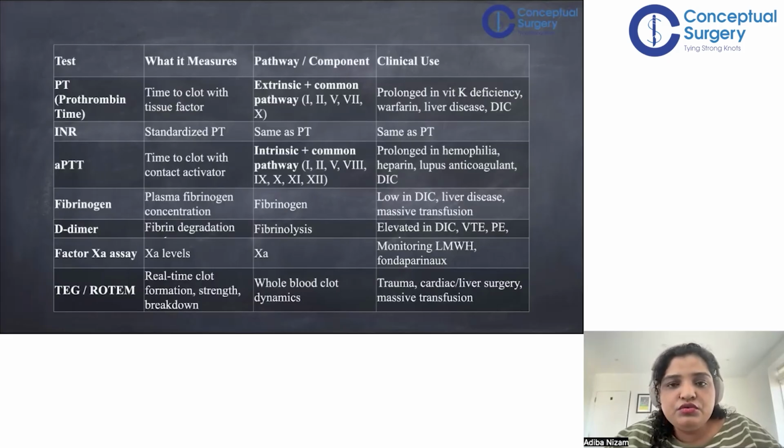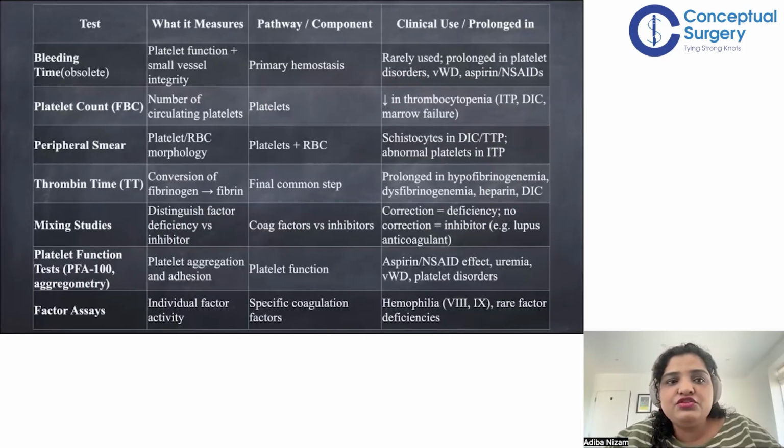However, if we were to talk about the comprehensive list of all the tests that should be used, these would also include bleeding time, platelet count, a peripheral smear, thrombin time, mixing studies, platelet function tests, and specific factor assays. We will not be discussing these tests because these are not so commonly used in surgical practice day to day screening.